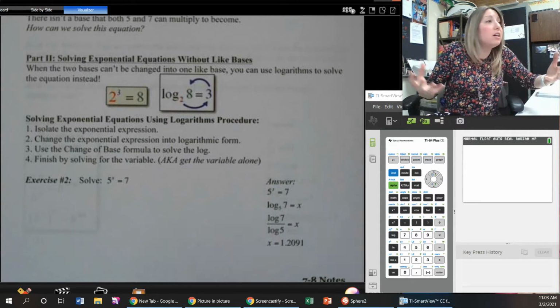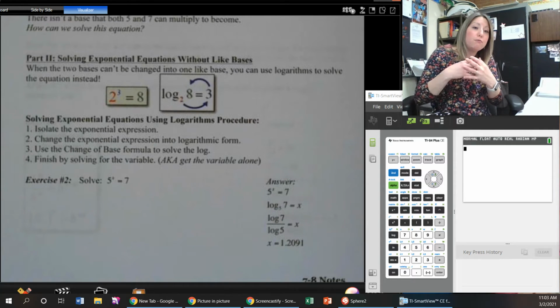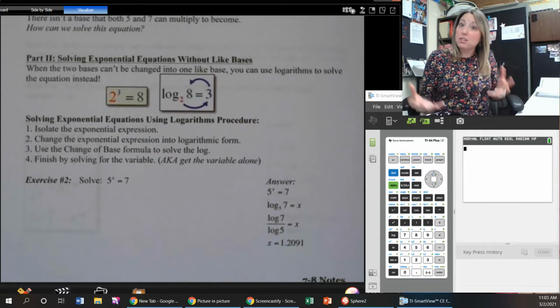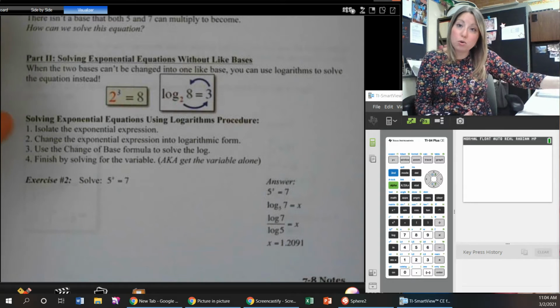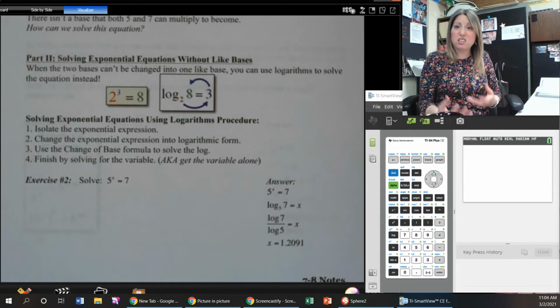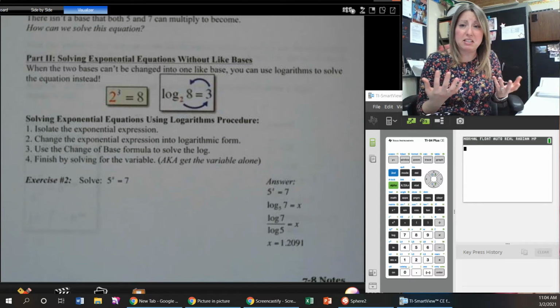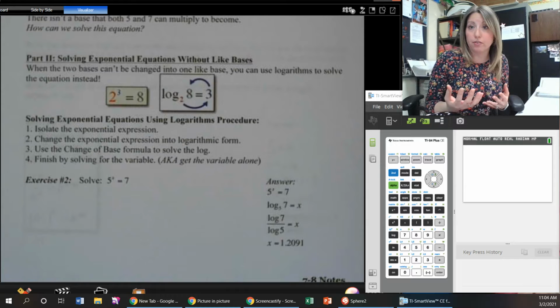Actually, I could have done this with the other ones too, but it was easier to think of them as being the same base. Now it's not easy to think of something that both of these can be, so instead I'll convert into logarithmic form.